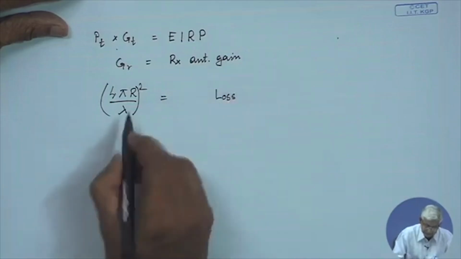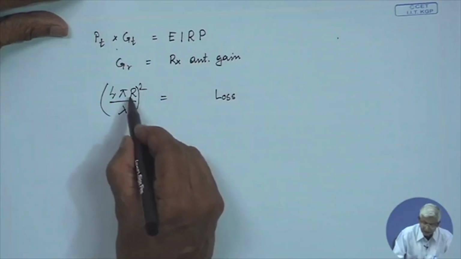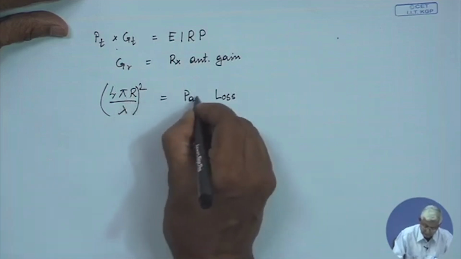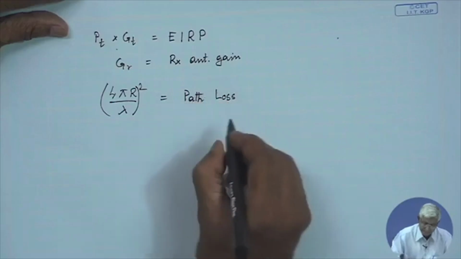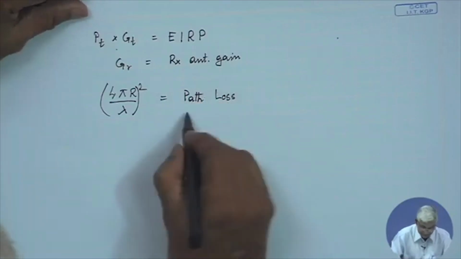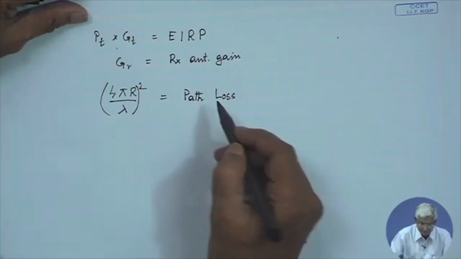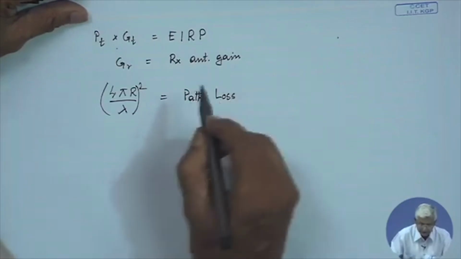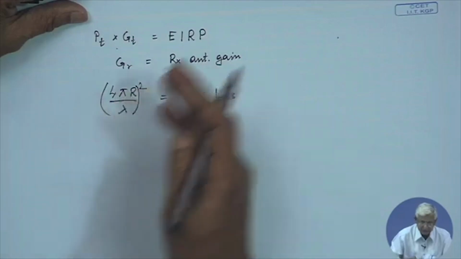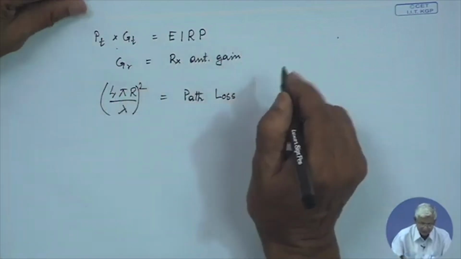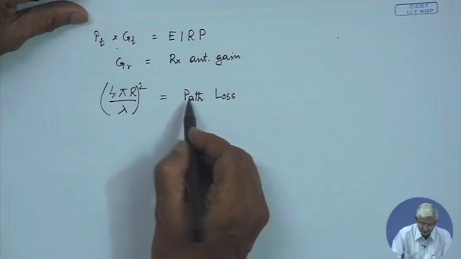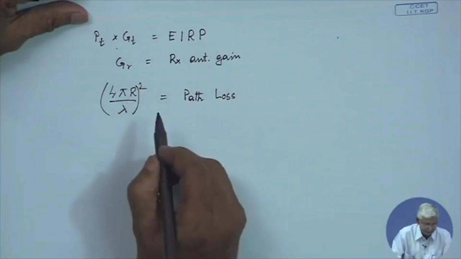Since it depends on the path length r, we call it path loss. Some people use the term free space loss, but it is not always free space. Through the atmosphere also it travels, so it is better to define it as path loss, because it depends on the path length.